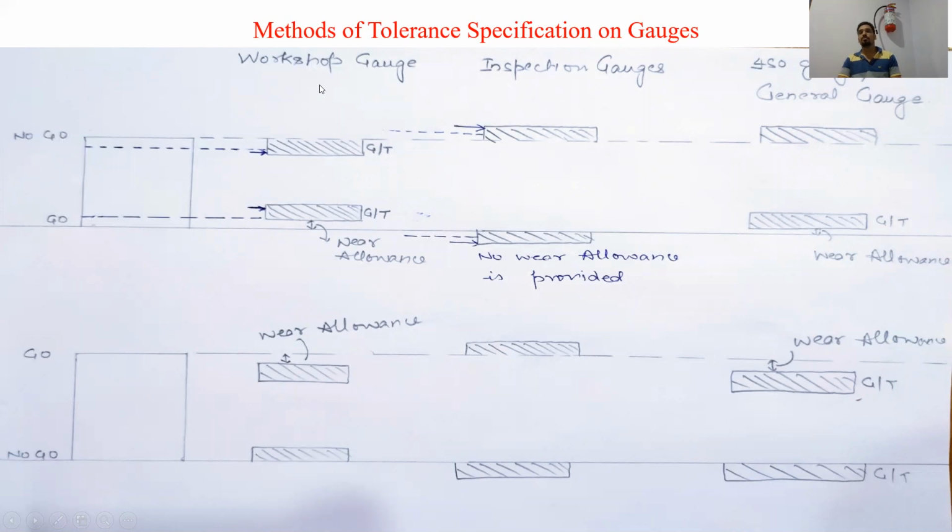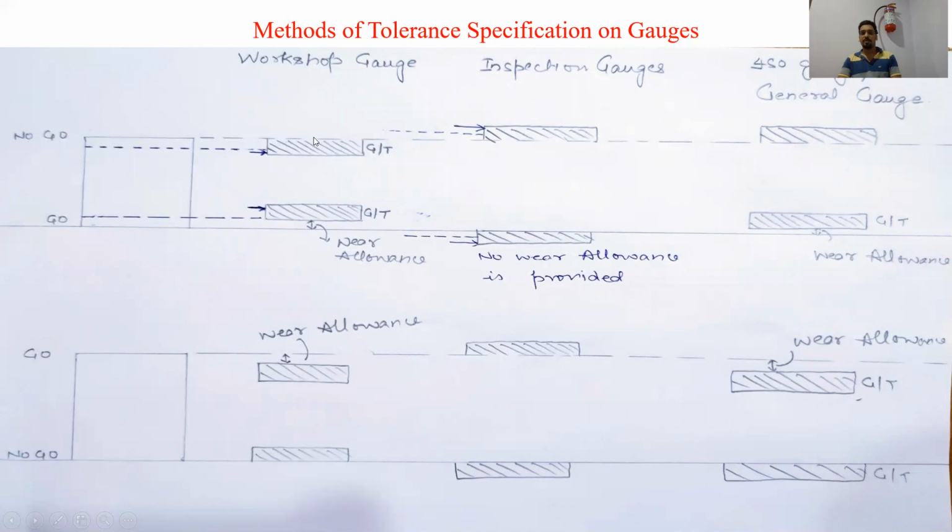अब बेटा वर्कशॉप में क्या होता है, वर्कर कभी ये मानता ही नहीं है कि वो कभी कुछ गलत कर सकता है. So that's why they will produce the tolerance gauge within the limits, upper limit and lower limit. So this is your gauge tolerance. It is provided below the upper limit of the hole, because this is the upper limit of the hole, because this is the go part.